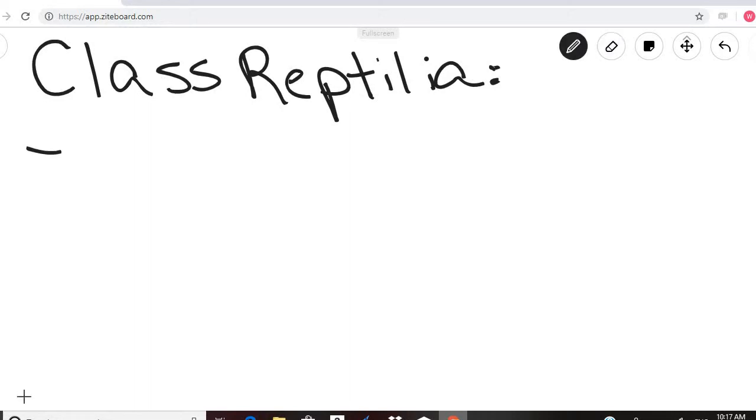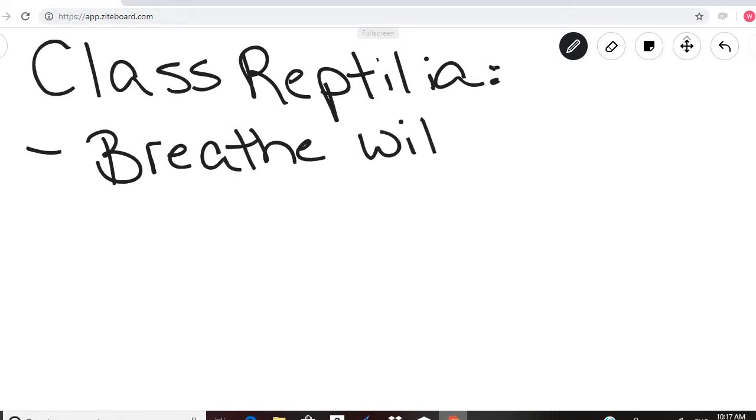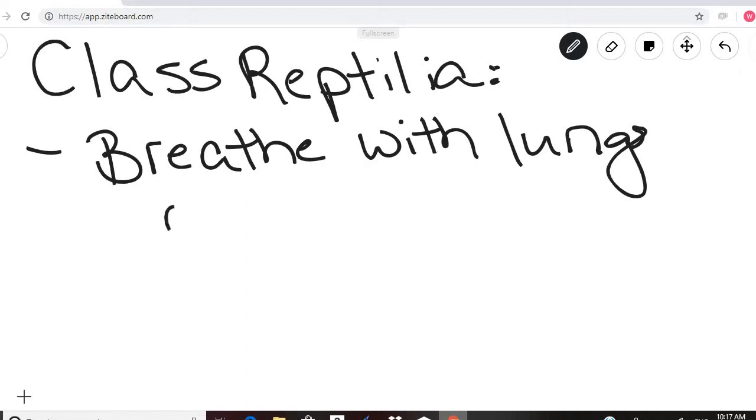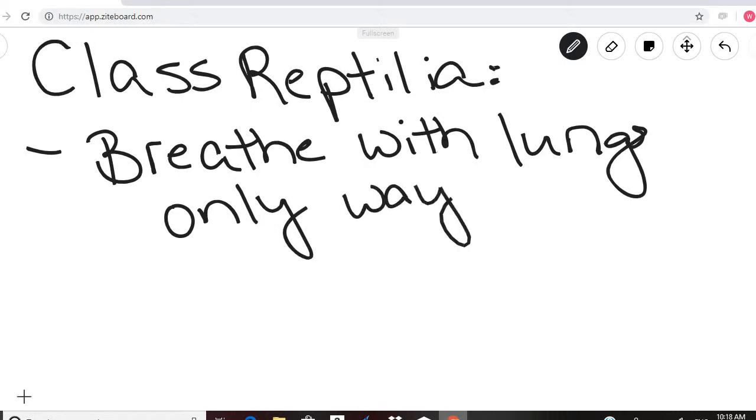Another characteristic is that they breathe with lungs. And this is the only way that they can breathe. So remember, in the frog, they had lungs, but they could also breathe through their skin and their mouth.